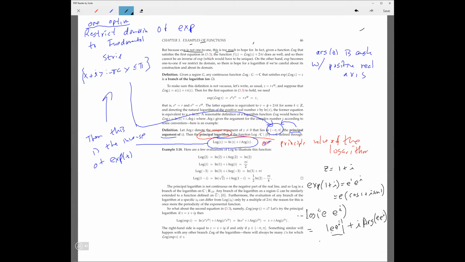Okay, so we're taking the principal value of the logarithm. That's equal to the natural log of e, which is just e. And then what's the argument of this? Dang.